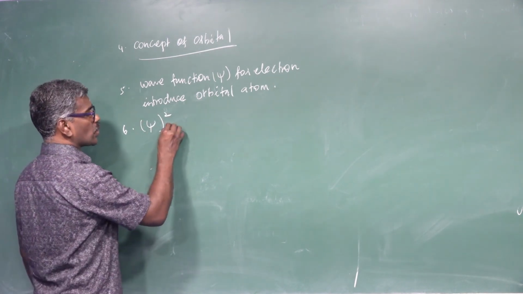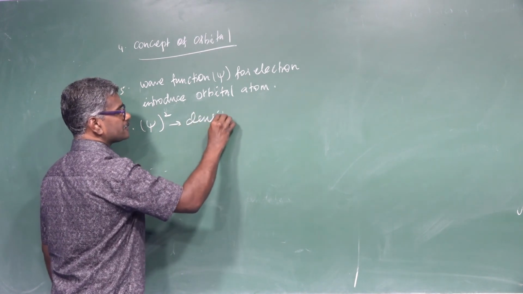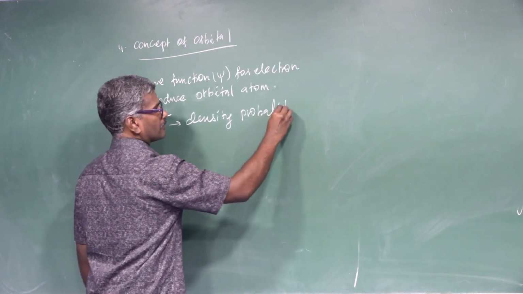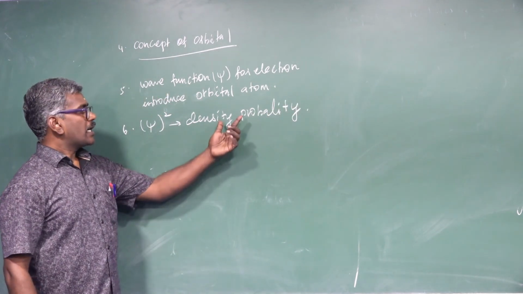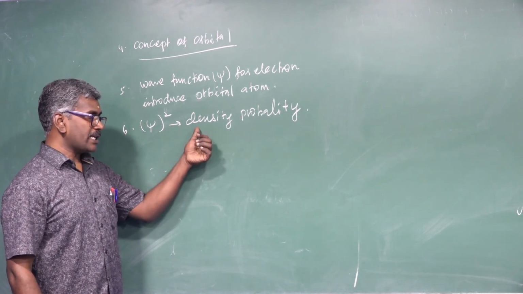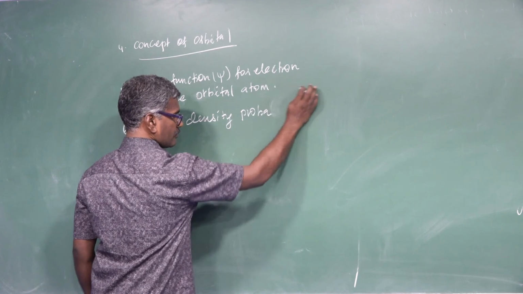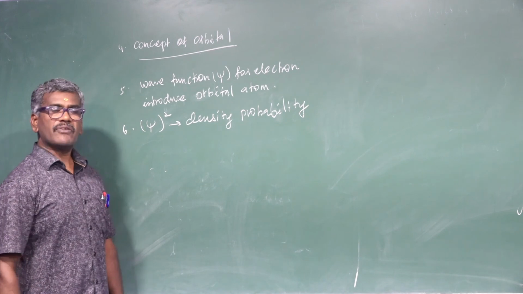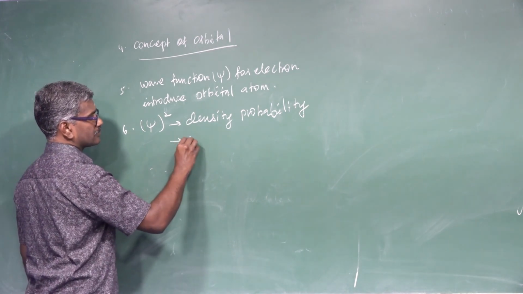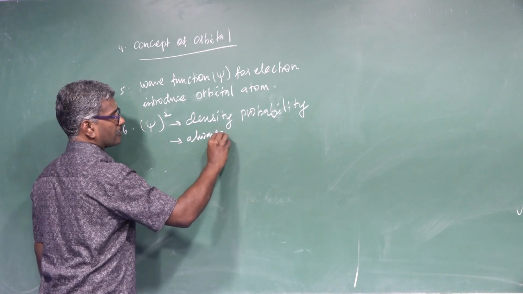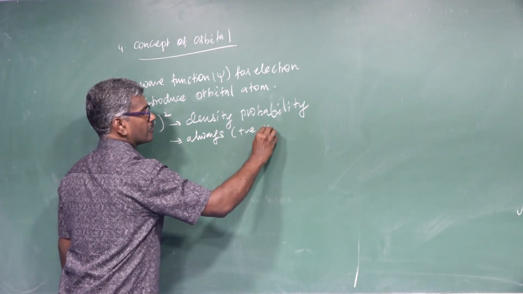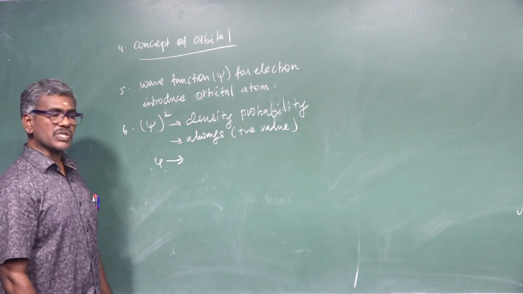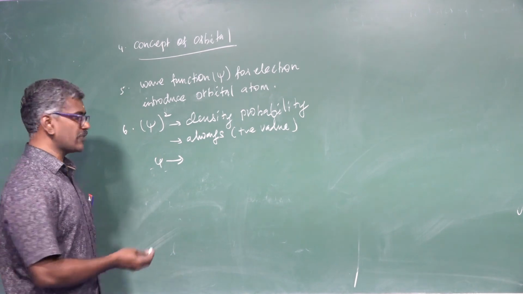Psi squared is also known as the probability density. So the probability density is always a positive value. Psi is the wave function, which consists of positive and negative values.